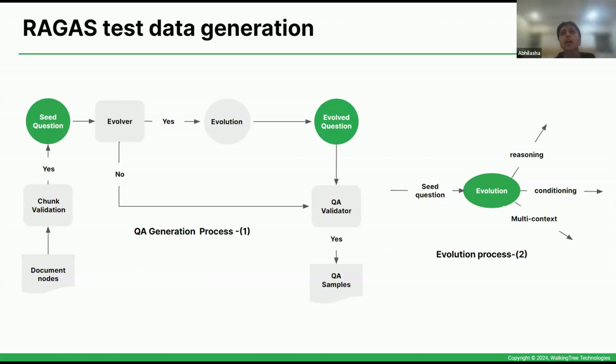And also multi-context questions, where it has to refer to different sections of a document and answer. Those bring variety into your test data to measure the performance of your pipeline.